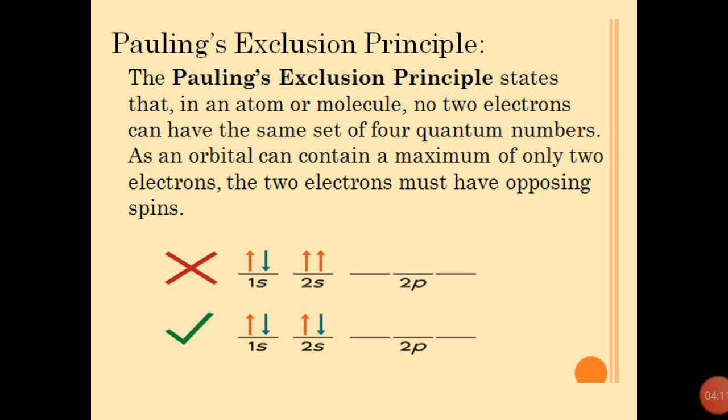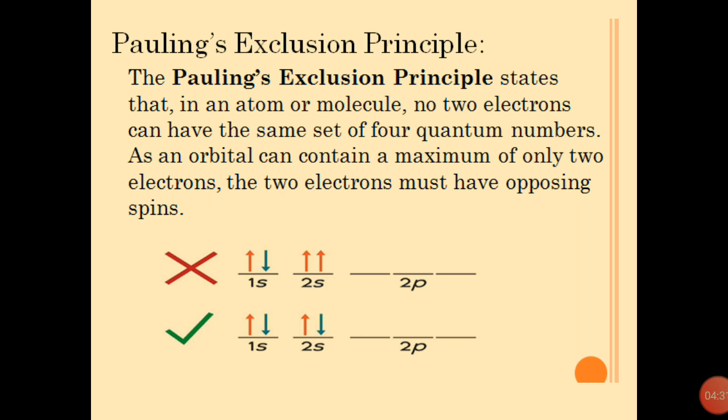Next one is the Pauli exclusion principle. This principle states that in an atom or molecule, no two electrons can have the same set of 4 quantum numbers. As an orbital can contain a maximum of only 2 electrons, the 2 electrons must have opposing spins.